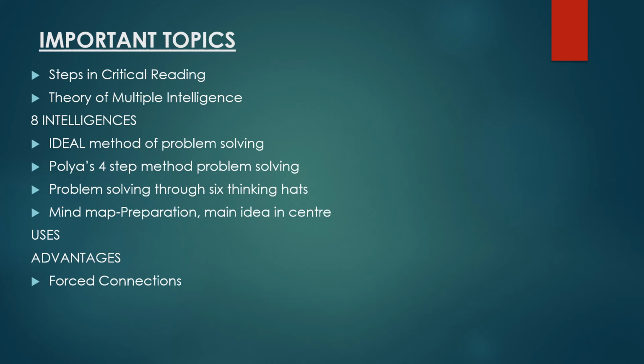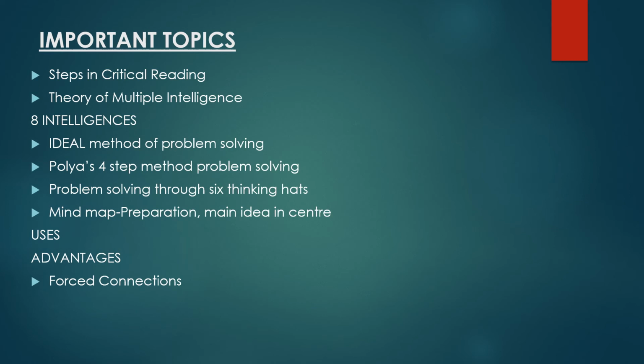Problem solving through six thinking hats has a very direct question. This question has been asked previously in previous question papers. So you have to write all the six thinking hats, 6 colors, and what each color determines. The question can also come in the form of match the following. They'll give you a sentence, for example, blue sky in equipment. What kind of thinking hat is required?